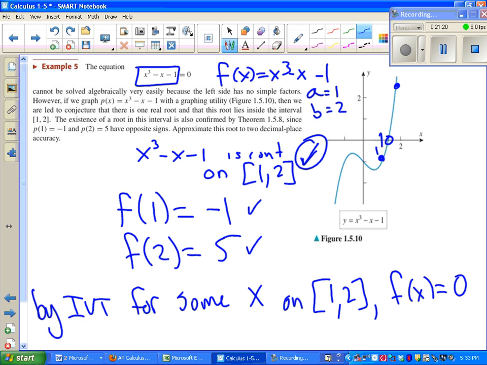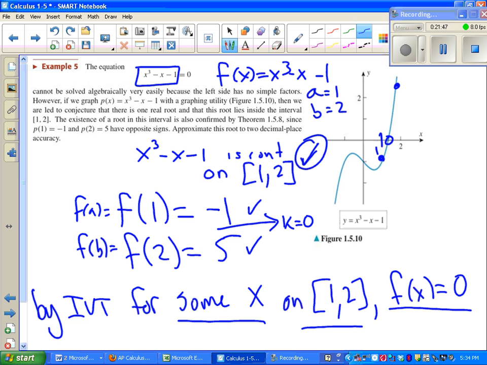If f is continuous on a closed interval a to b and k is any number between f of a and f of b, here's our f of a and our f of b. k has to be a number in between there. Let me say 0 because we're looking for a 0. Then there is at least one number x on the interval a to b such that f of x equals k.